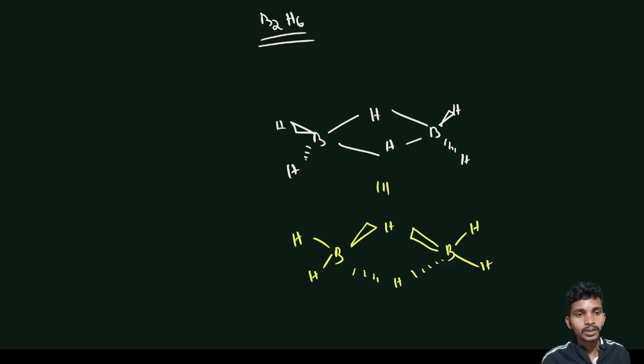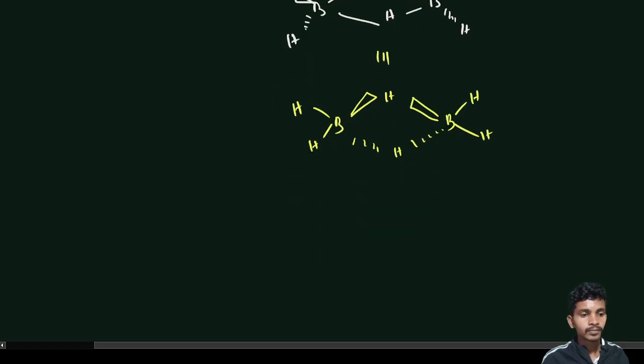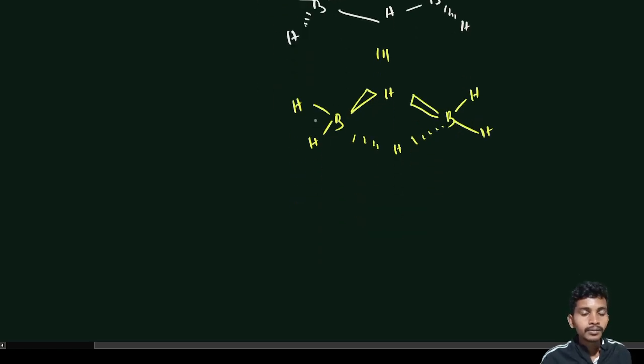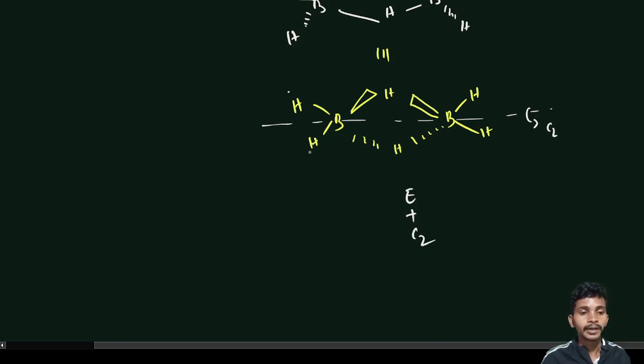So if you look at this structure, what you notice is, if I pass a C2 axis, then this goes below, this goes above, this will interchange. Means E is there first and C2 is there. And again if we pass another axis here, then also this and this get interchanged.